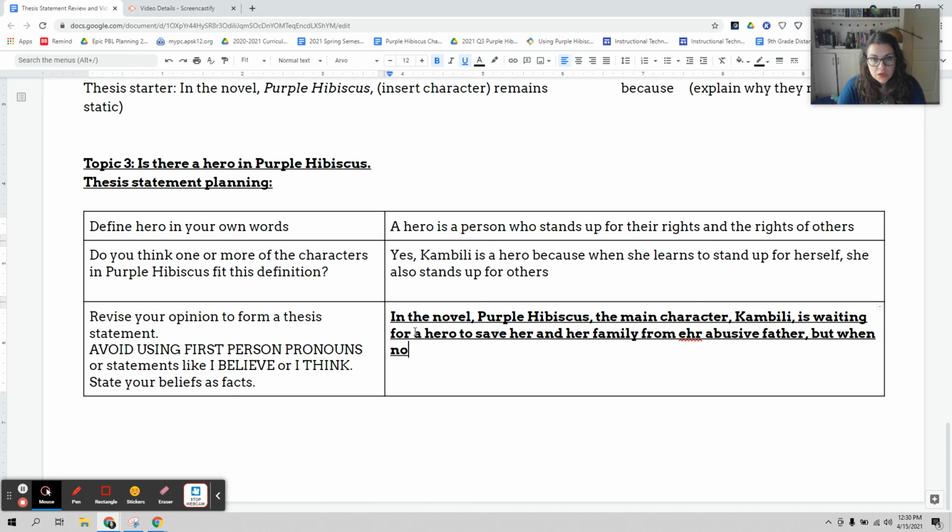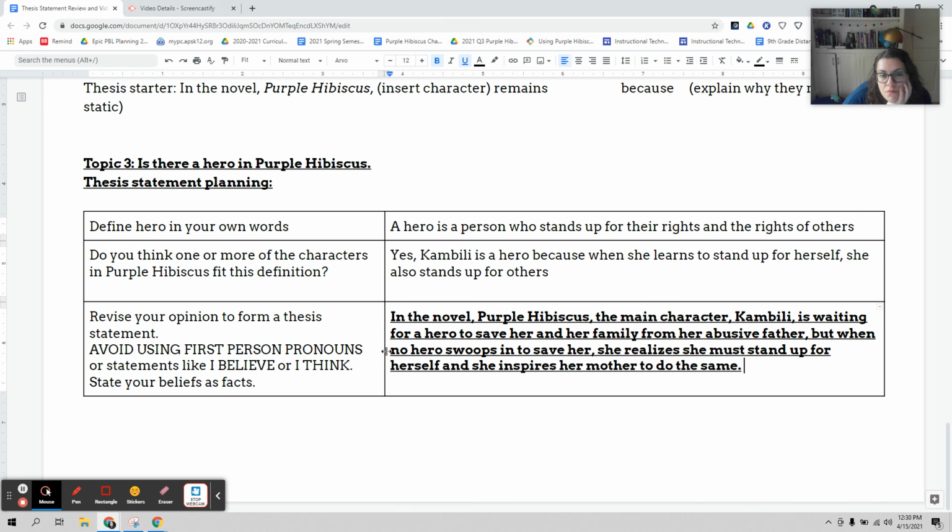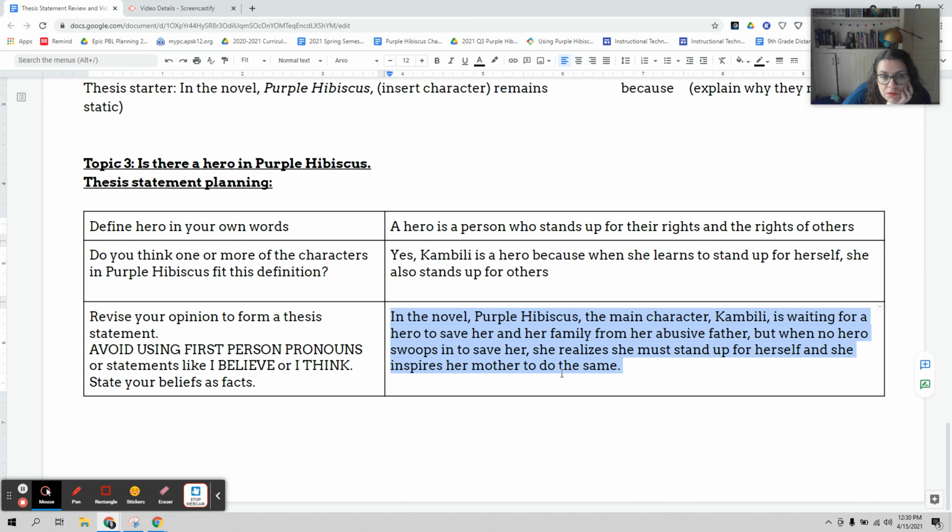But when no hero swoops in to save her, she realizes she must stand up for herself, and she inspires her mother to do the same. I'm pausing because I'm going to read back over that and see what I think.